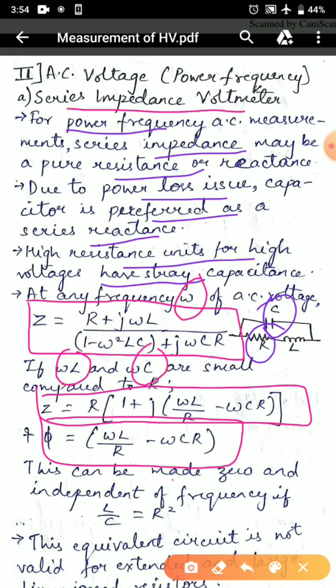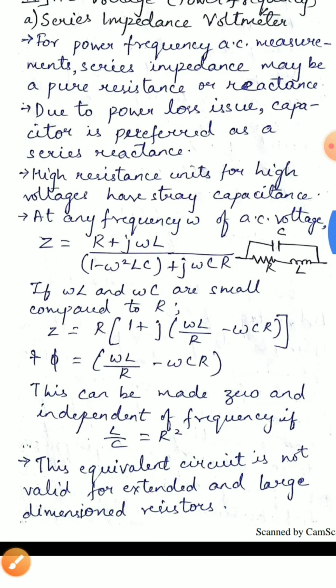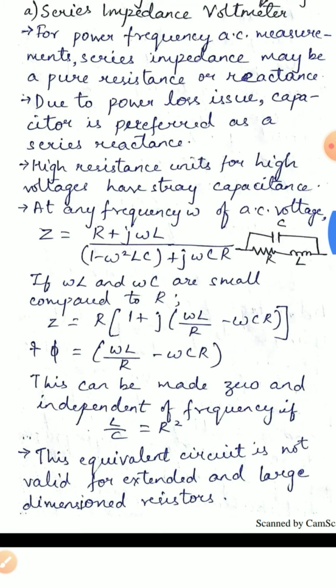This can be made zero and independent of frequency if L by C is equal to R square. This equivalent circuit is not valid for extended and large dimensioned resistors.